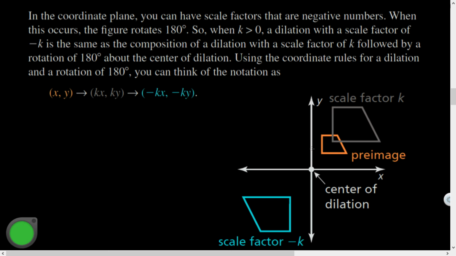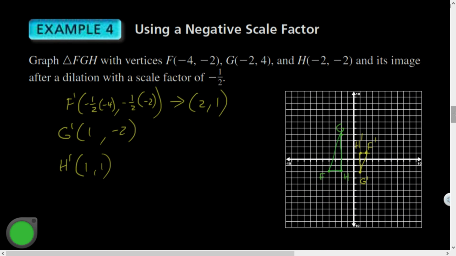Is that composition associative? If I rotated the little guy and had this, and then scale factored up by k, would that have been the same thing? Yes. All right. That's my sad sketch of a justification. But yeah, it would work out. So I could rotate and then scale factor, or I could scale and then rotate. It doesn't matter, not one bit.